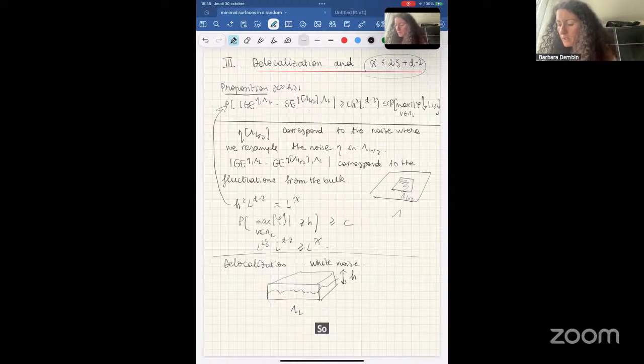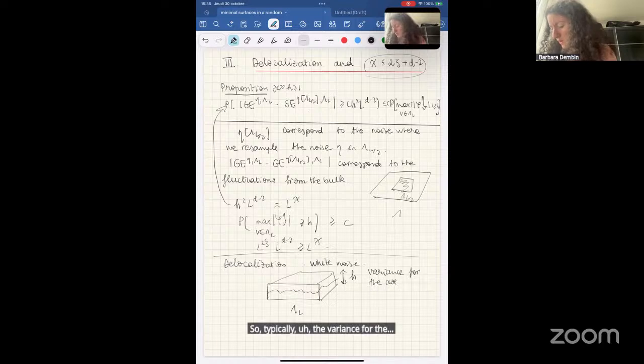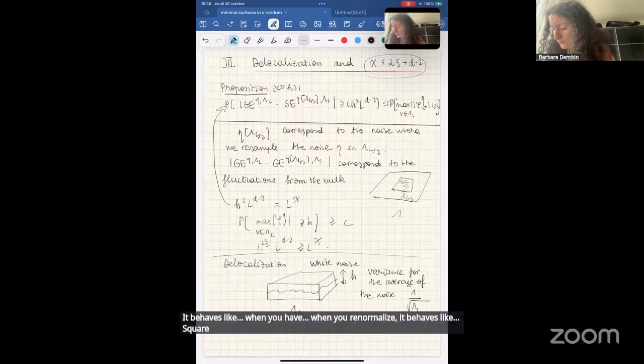So typically, the variance for the average of the noise, when you renormalize, behaves like a square root. So it's not the average, it's the standard deviation. So variance is without.